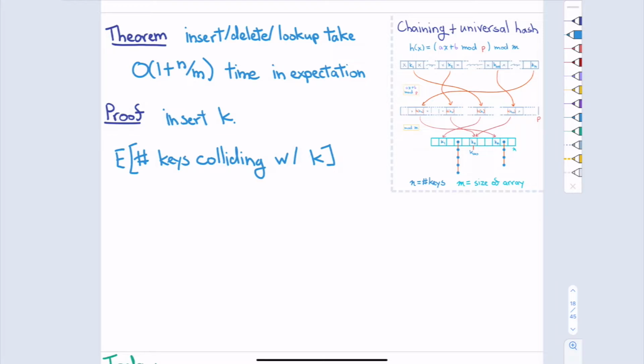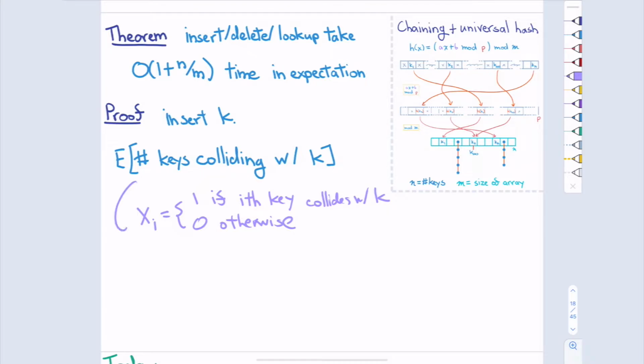An indicator variable to indicate whether key i collides with k or not. All right, so let's write x_i is equal to 1 if the i-th key collides with k, 0 otherwise.